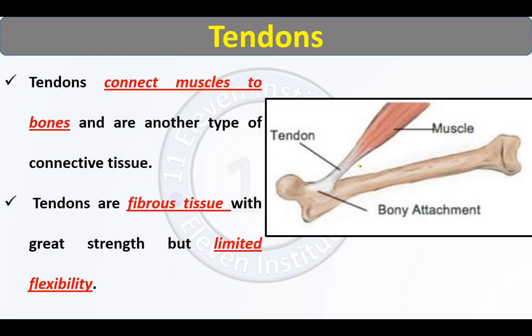Now don't be confused. Bones are also strong, ligaments are also strong, and tendons are also strong. Fine. But bones have no flexibility. Ligaments have full flexibility. They are very elastic, and tendons have limited flexibility. Yes, they are flexible, but not as much as ligaments.